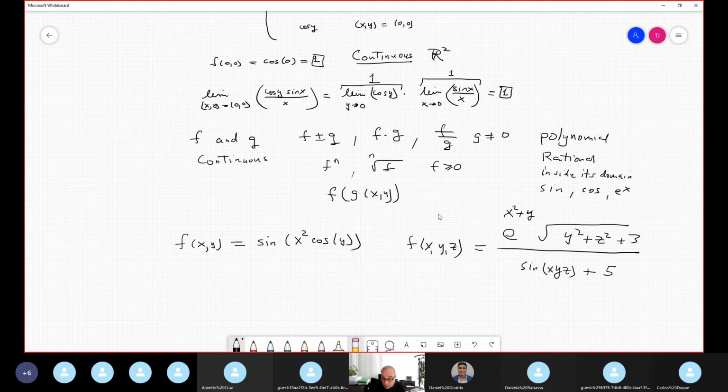Well, in this case we have division, but I suppose that this expression is always positive because it's a square, no? And no problem with the radical. And the denominator, no problem, because the sine is bounded between -1 and +1. Plus 5 never is negative 5.